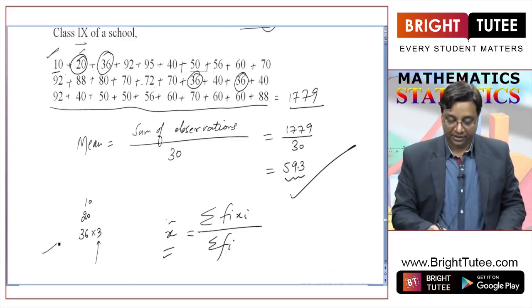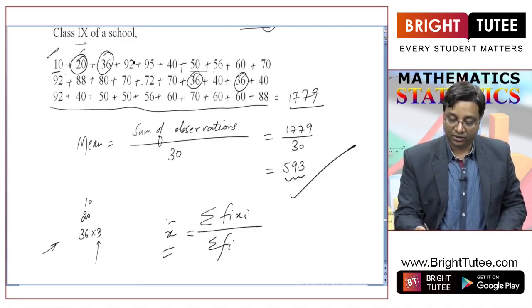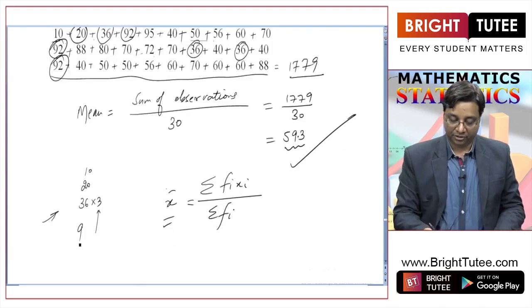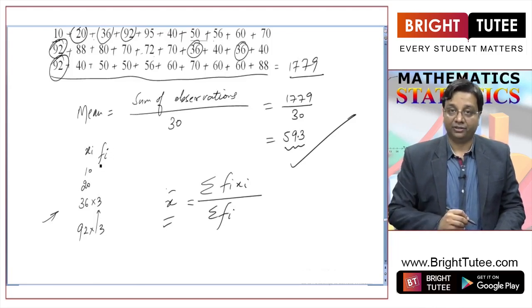So if you find this one easier here, you can do this one also. 1, 2, 3. 92 appears 3 times, so I'll have 92 into 3. This is the data Xi and these are the frequencies I am multiplying them with.